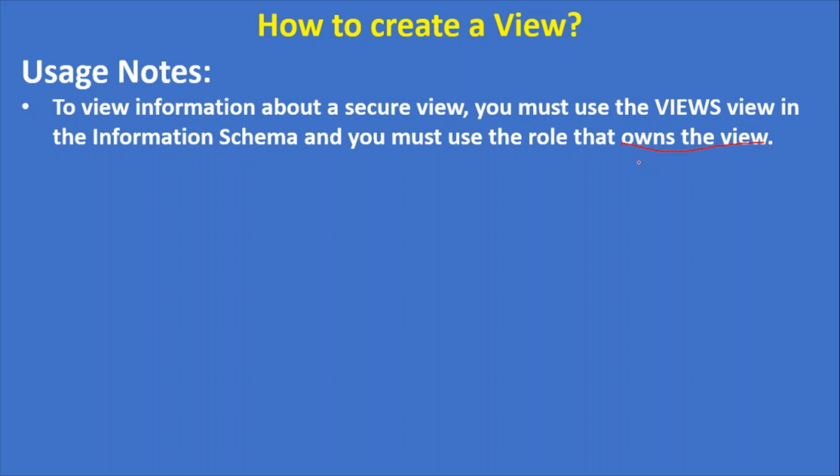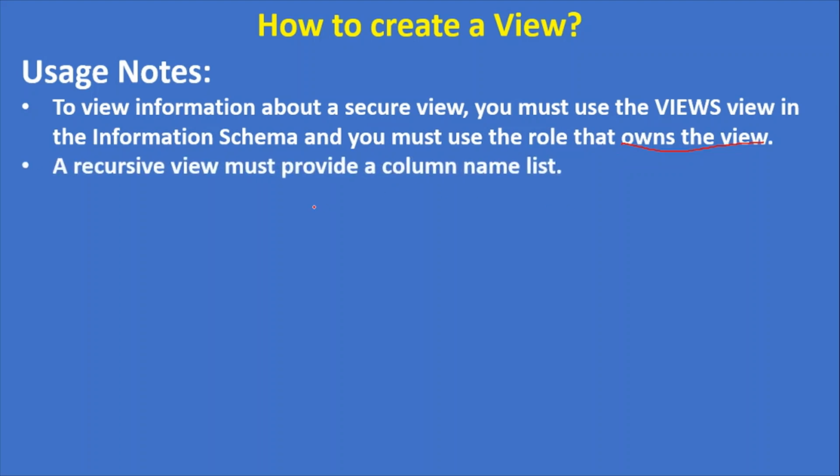So you have to use select star from information_schema.views where view name equals your secure view name. If you want to see the definition, you must be the owner. Owner only can see, others cannot see.